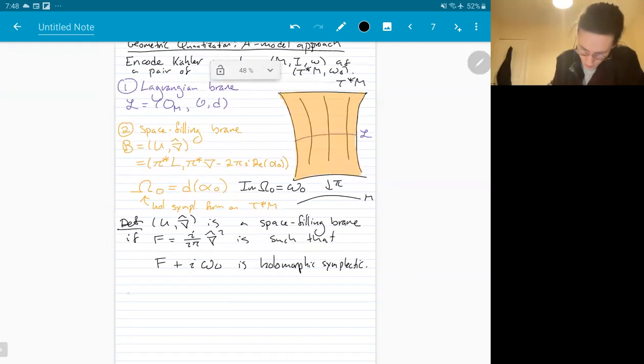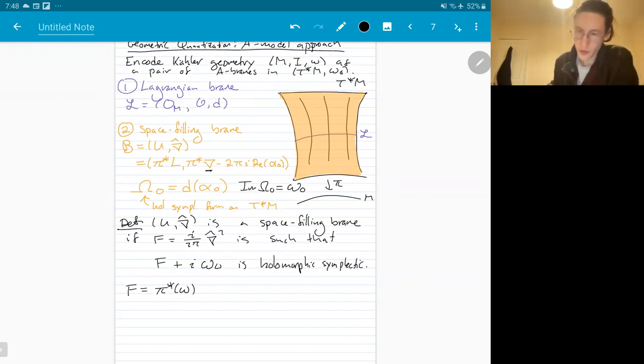So in our case, F is going to be the pullback of omega, right? Because omega was the curvature of this nabla, but then plus the real part of d alpha naught, which is the real part of omega naught.